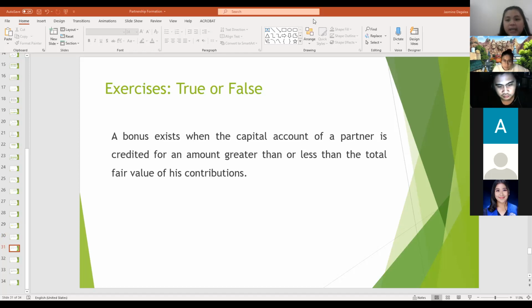A bonus exists when the capital account of a partner is credited for an amount greater than or less than the total fair value of his contributions. True or false?